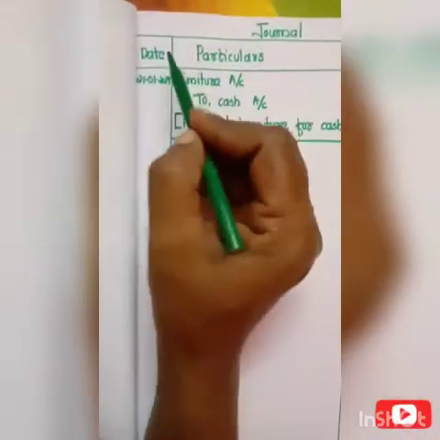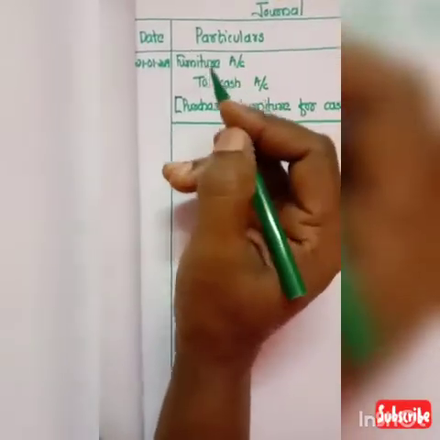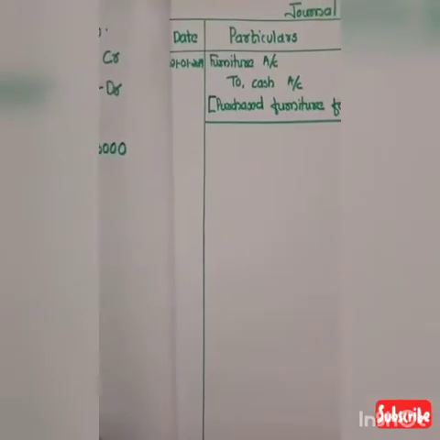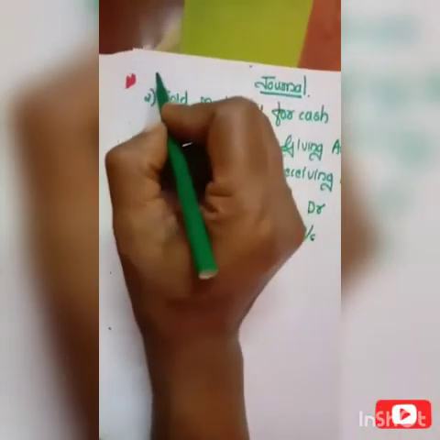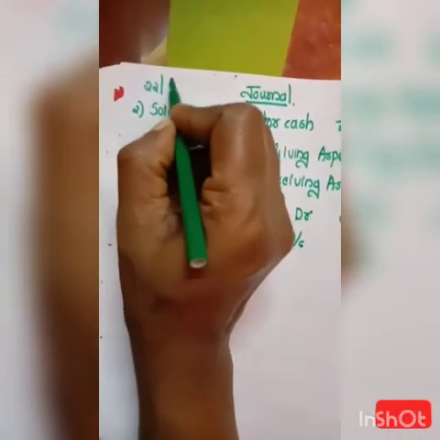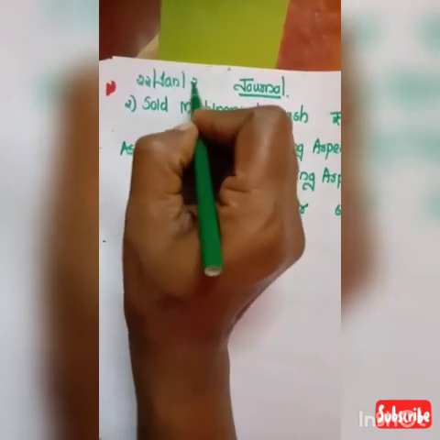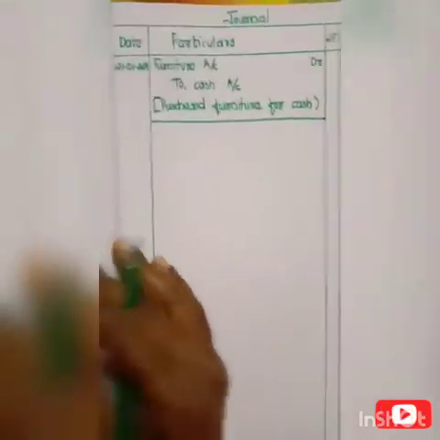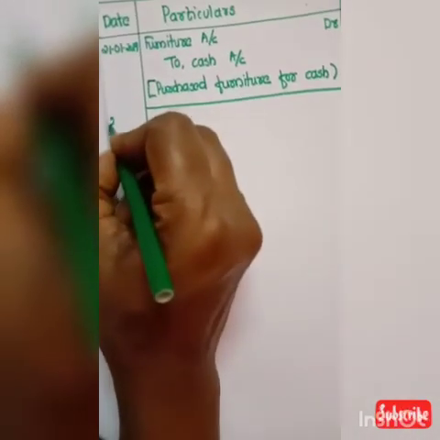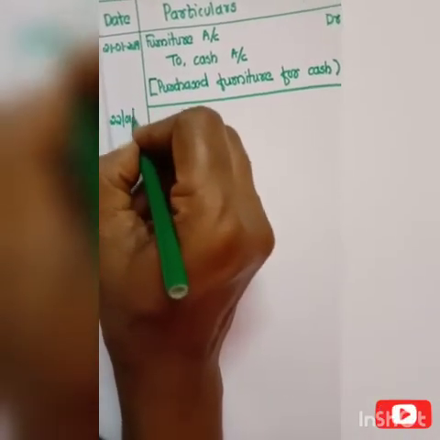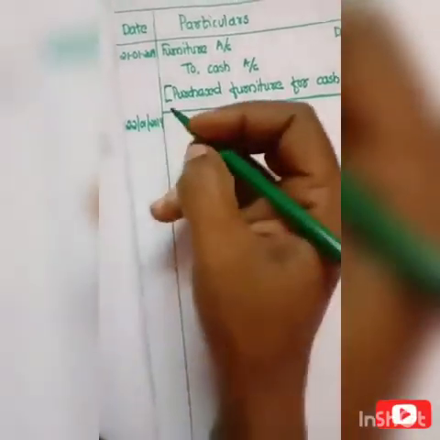The first transaction we have already written in the journal, and for the second transaction the date is 22nd January 2019. So we write 22/01/2019.